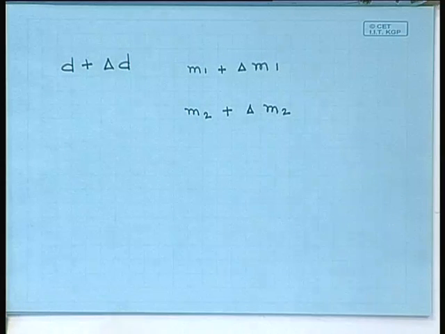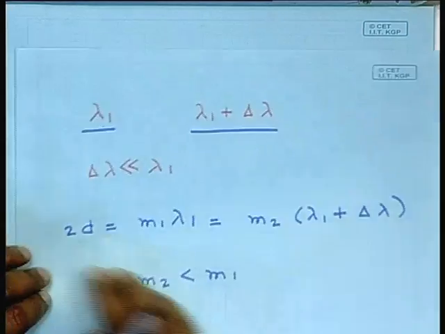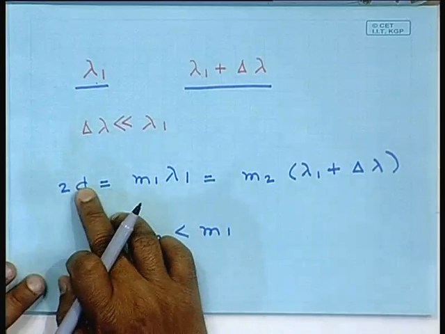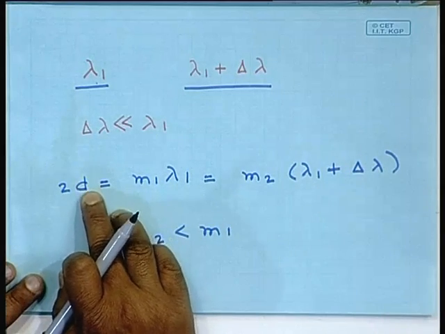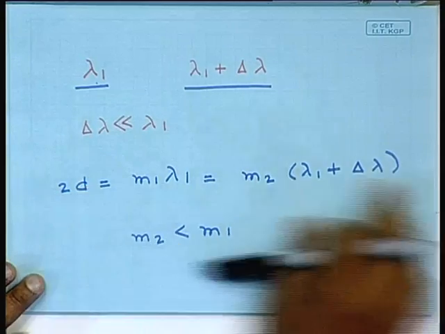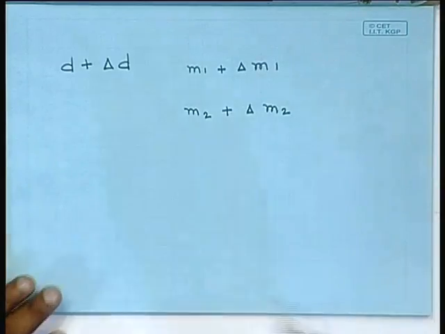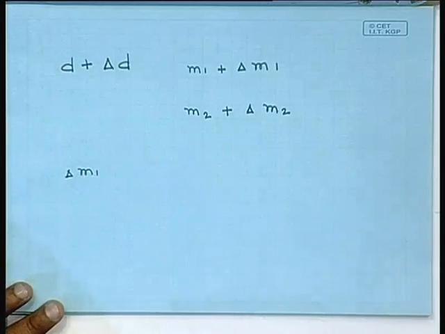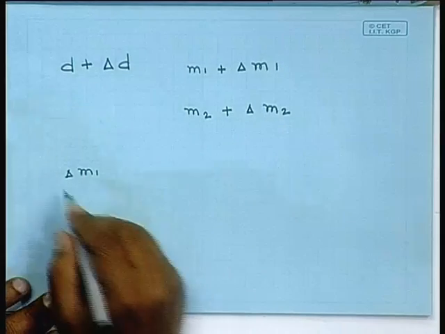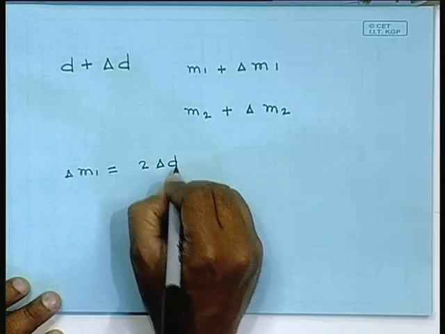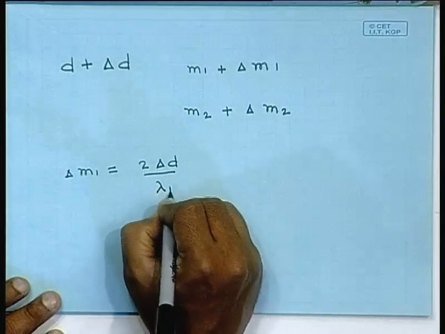Now, let us ask the question, how much is delta M1? It is quite clear from here that if I increase the separation in the two arm lengths, M1 will increase by an amount which is twice the separation divided by lambda 1. So, what we see is that M1, the order of the central fringe for lambda 1, is going to go up by 2 delta d by lambda 1.